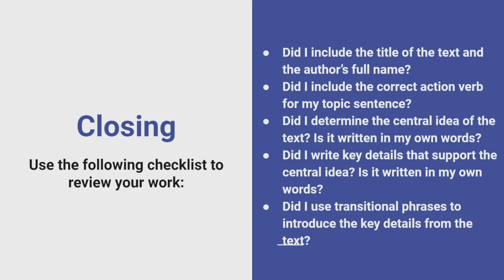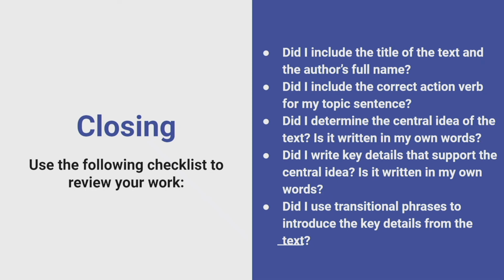All right, now that you have written your objective summary, it's time for our closing. Here's a simple checklist you can use to review your work. If you can answer yes to all of these questions, then you have a proficient objective summary for an informational text. So the first question, did I include the title of the text and the author's full name?